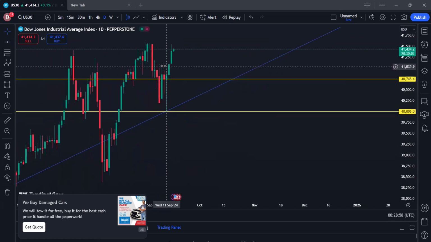And then we do see movement around this area.